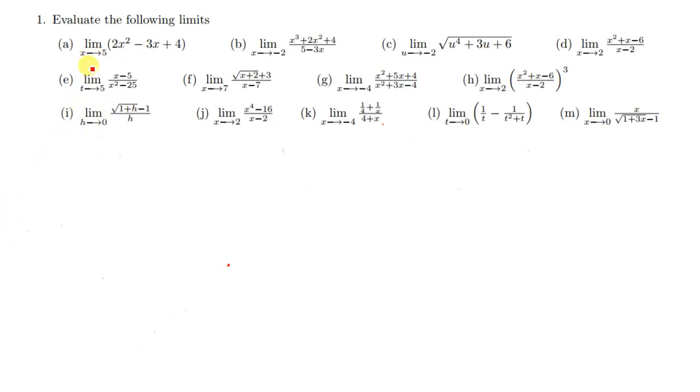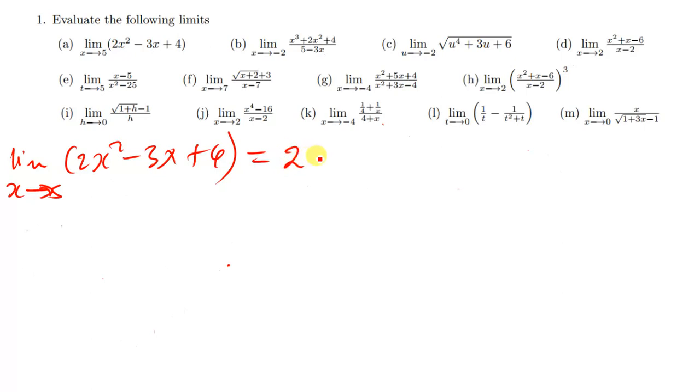Alright, so the first one there, we have evaluate the following limits. To evaluate the first question, I'm just going to replace x with 5. So the limit of 2x squared minus 3x plus 4 as x is approaching 5 is simply found by replacing x with 5.